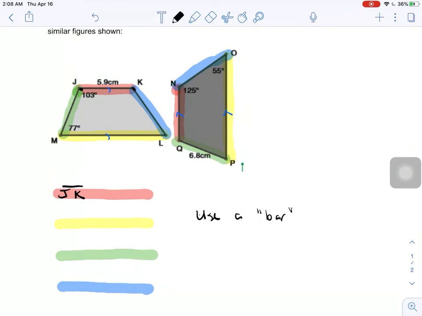It's actually a segment symbol. Use a bar over the letter name. That is correct notation when you're working with segments or sides of a shape. And then the other thing is we want to list the letters in matching order. I'll show you what I mean by that in just a minute.